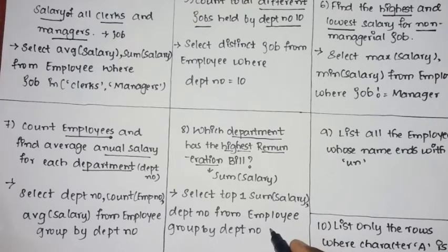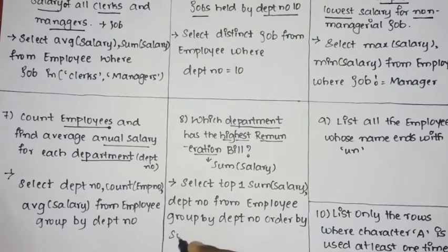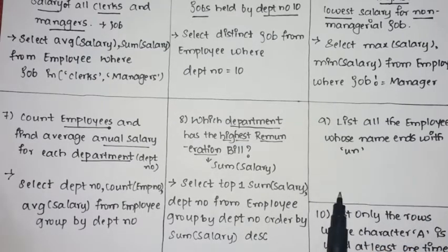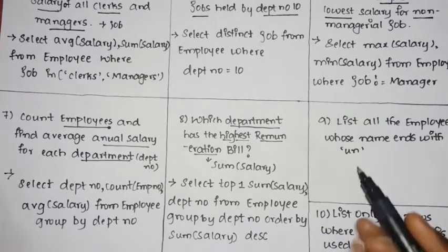So after department number, you need to write order by the sum of salary, in descending order. If you specify descending, the highest value is displayed first, so from the table the first row can be taken, which has the highest sum of salary. So order by the sum of salary descending will give us the top one salary.